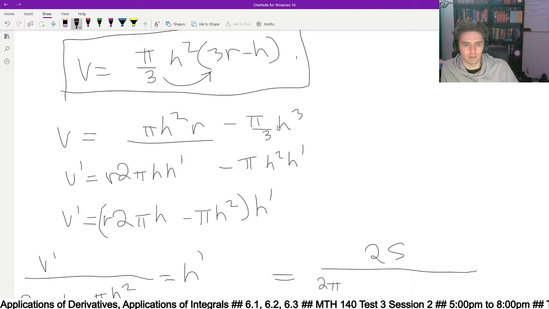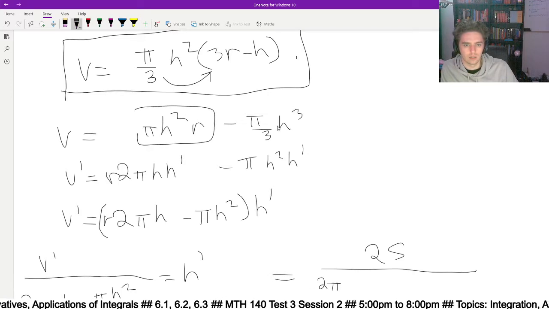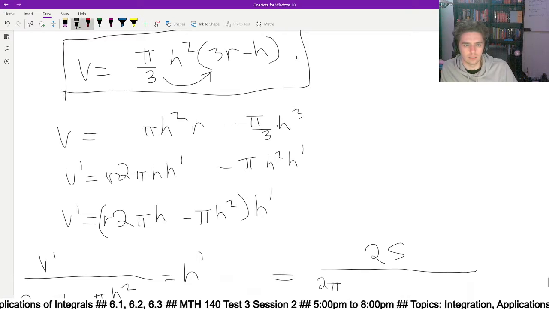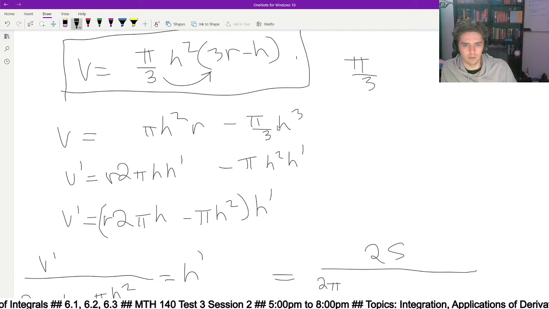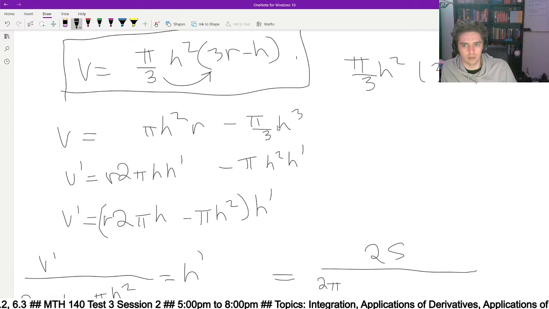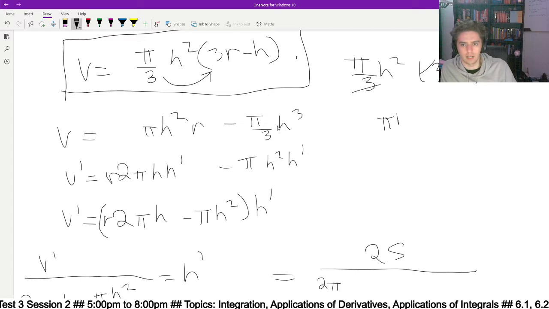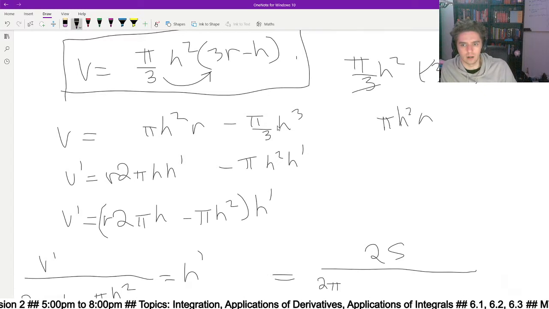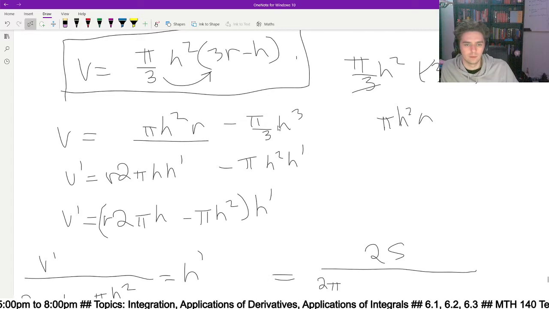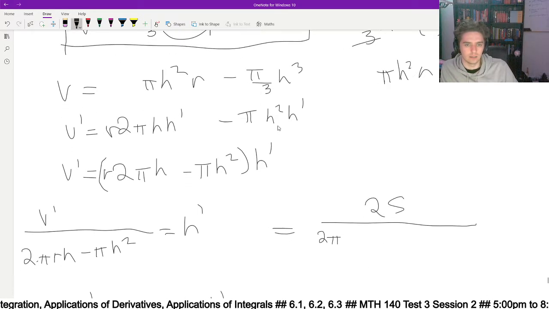So this term lost the pi over 3. If I did pi over 3 h squared just times 3r, distributing to the first thing, these 3's cancel. So it's pi h squared r. But it should be in the second term then. Yeah, it's there. But then here we take the derivative.